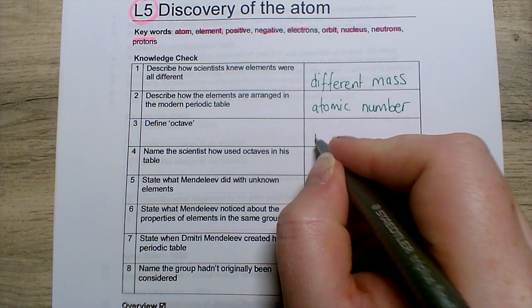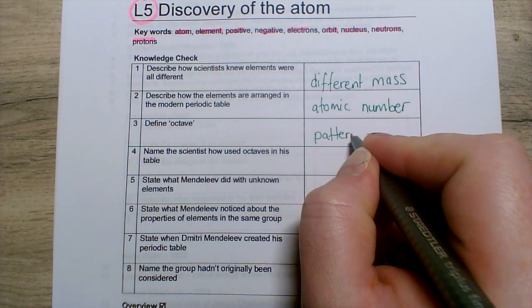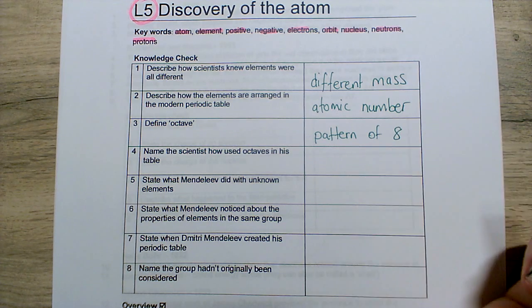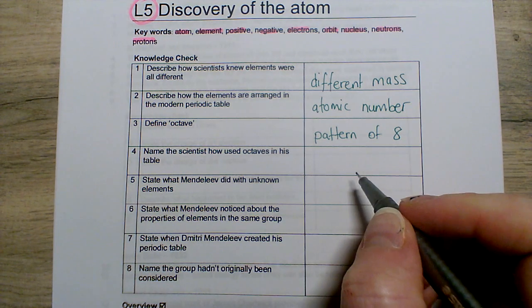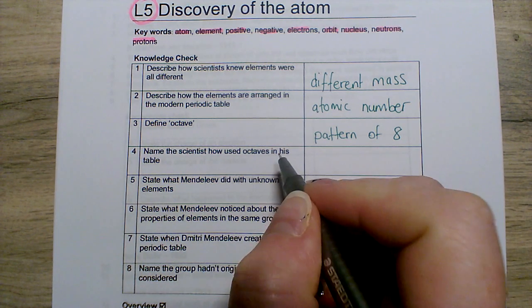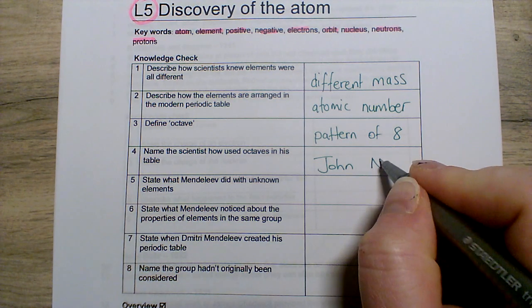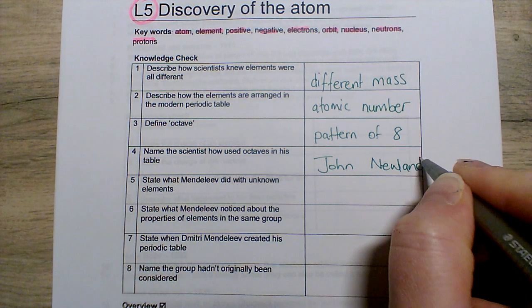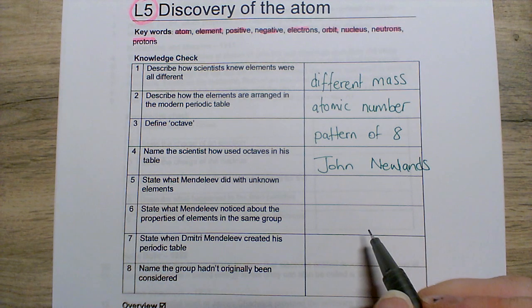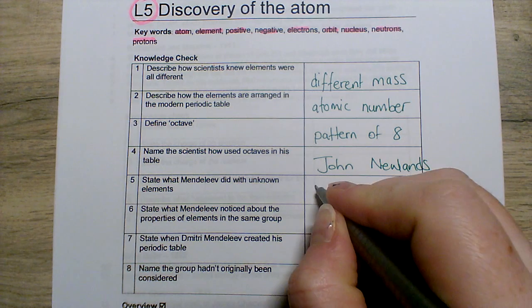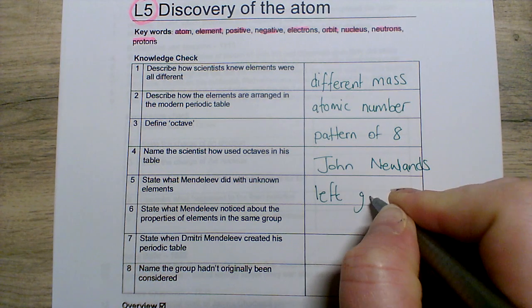Octave is the pattern of 8, which you would have done last lesson. The scientist who used octaves in his table was John Newlands. Mendeleev did what with unknown elements? He left gaps.